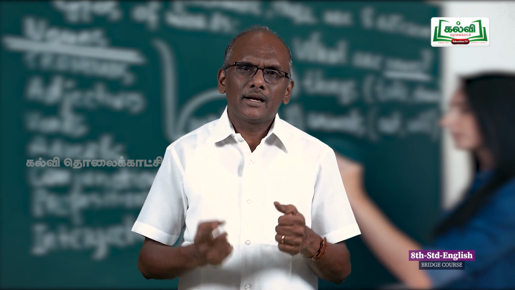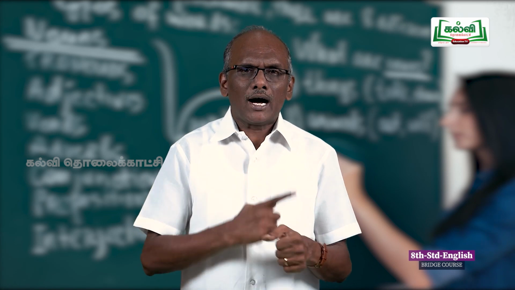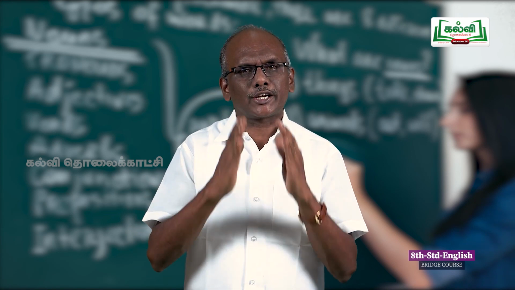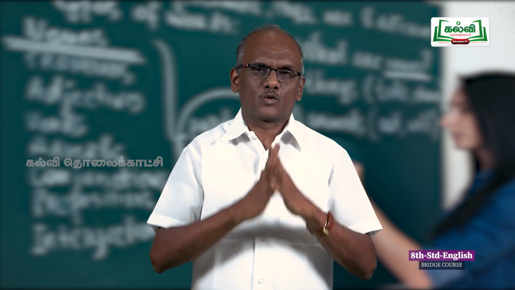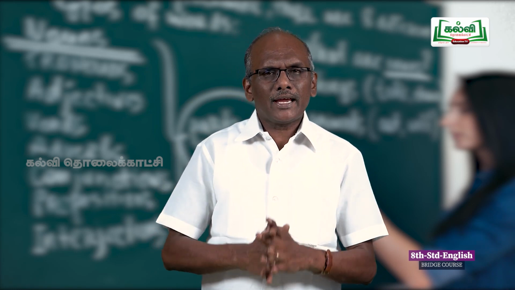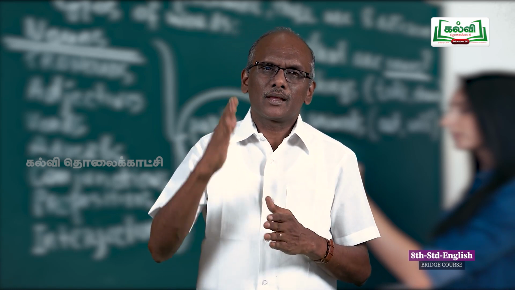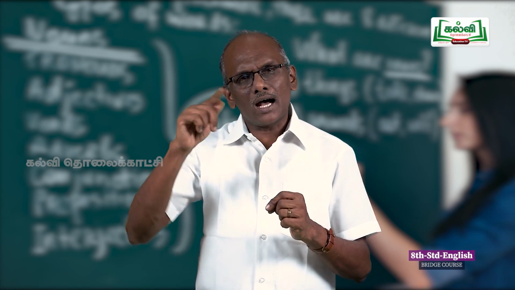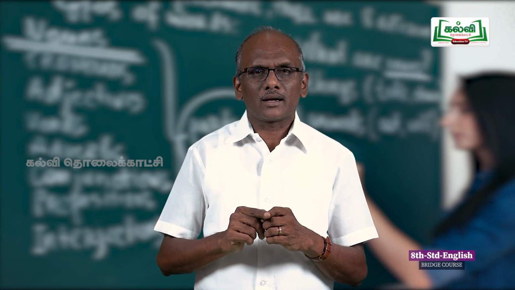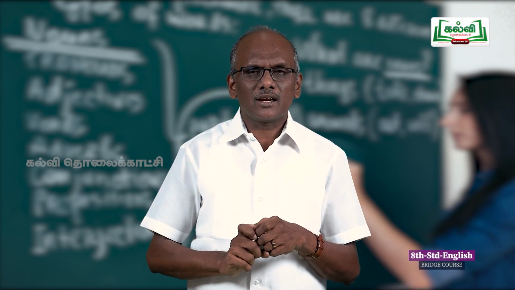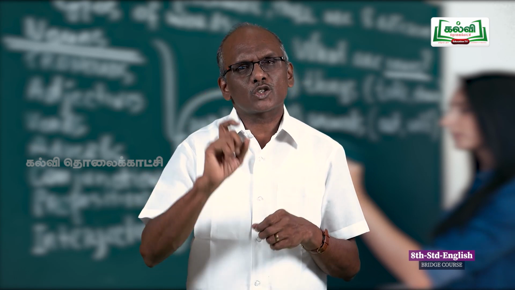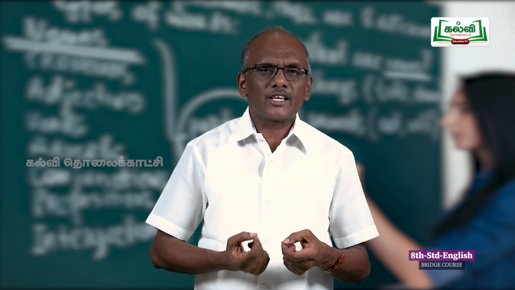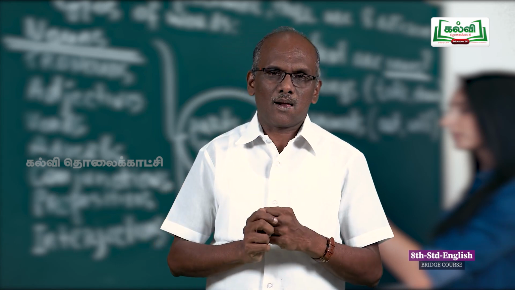Then we get the shortened or contracted forms. Then we add the pronoun to the contracted form, and last we use a question mark. So this is the short question. Why do we use the short question? To confirm the statement is correct.